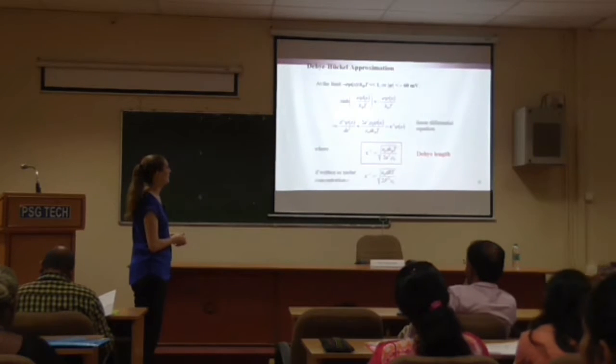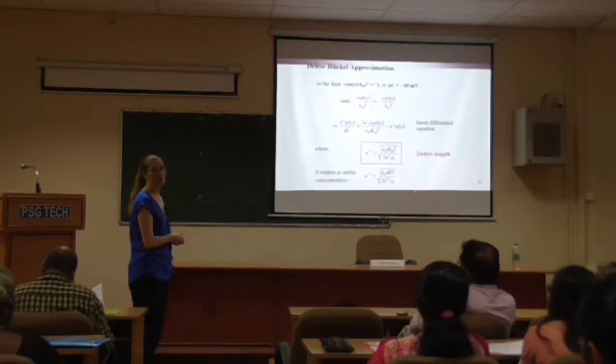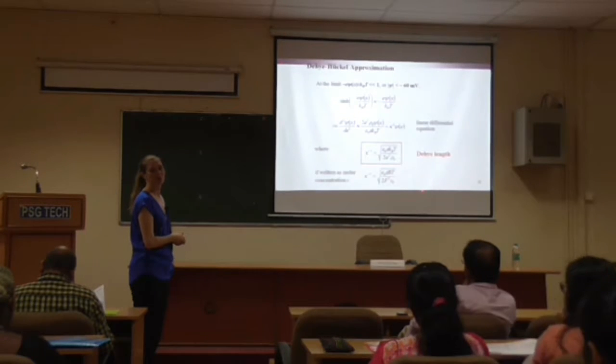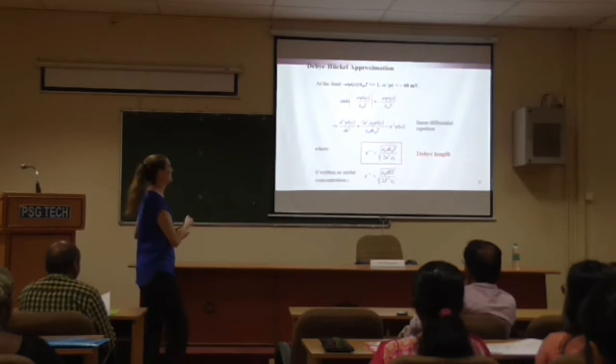And the Debye length depends on the ion concentration. So in the Debye length, this is my salt concentration. So for biology, this is, what is it? What's the ionic strength of PBS or media? 0.15, right?